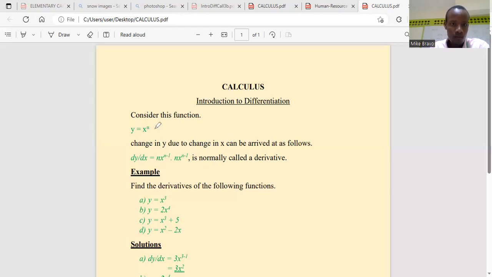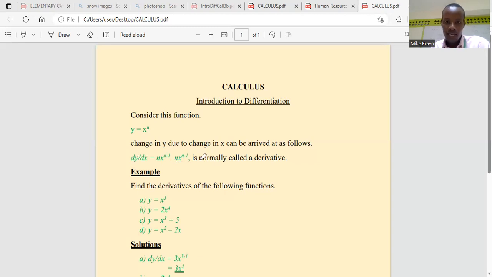Normally this is what we do. We bring the index n down so that it is next to the independent variable x. Then we go back to that index and subtract 1. So that gives us n x power n minus 1. Then this is what we get.